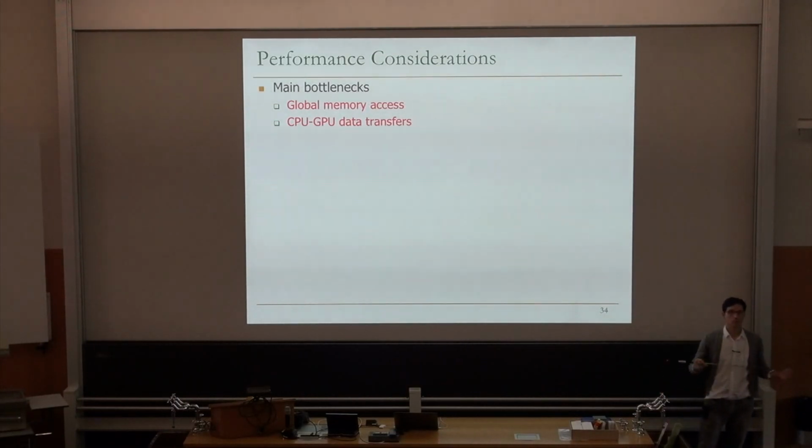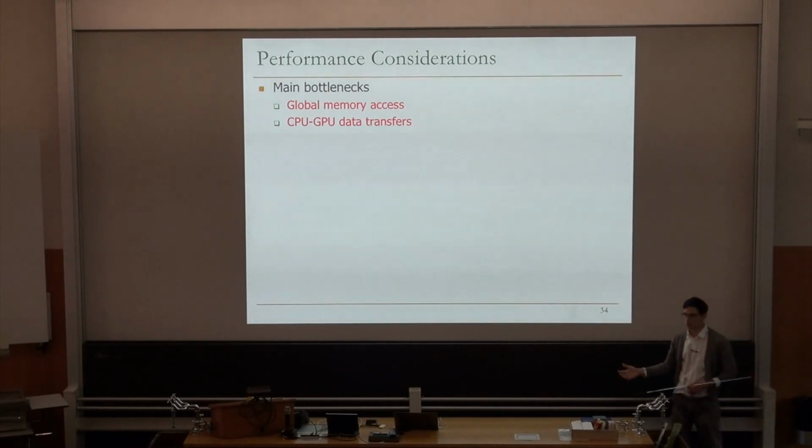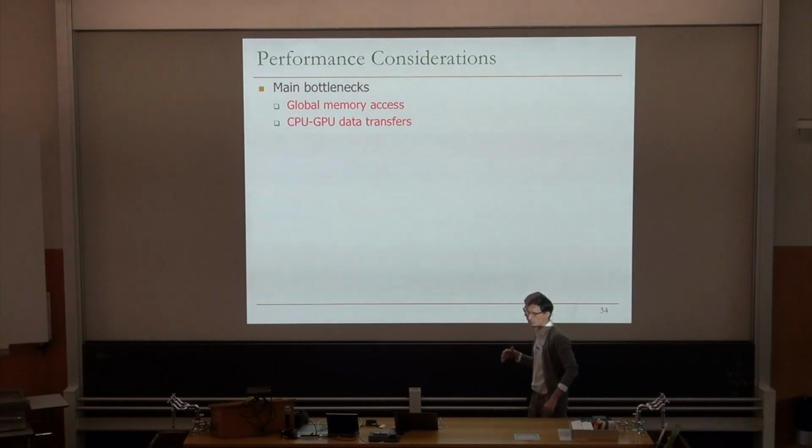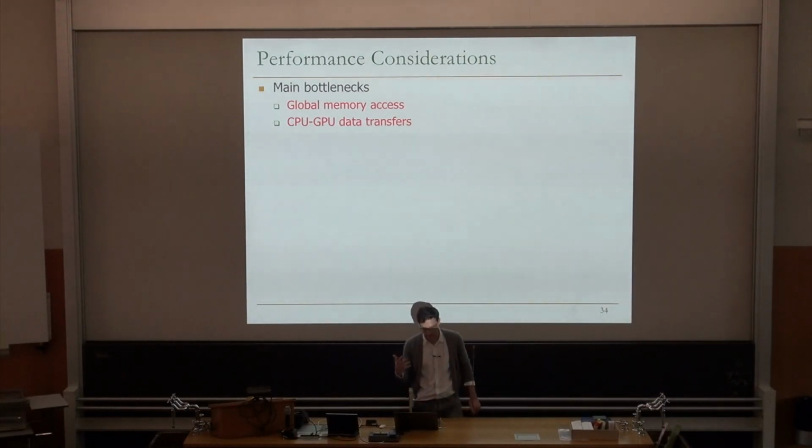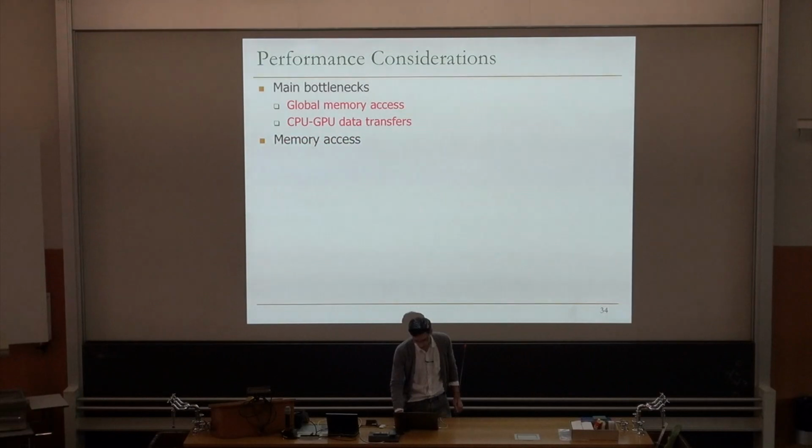One of them is the access to the device memory. The other one is how we move the data from the CPU to the GPU. These are the 2 things for which we are going to start discussing how we can optimize and minimize the bottleneck that they represent.